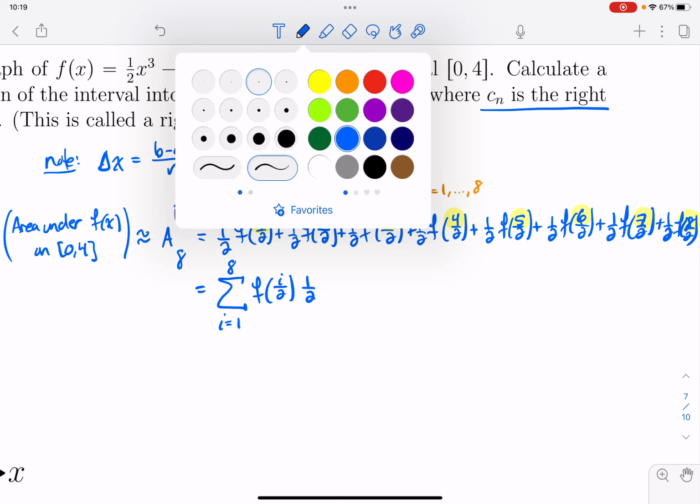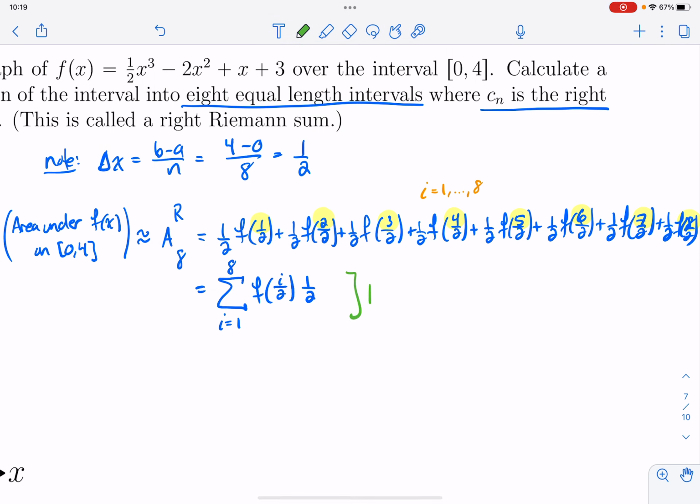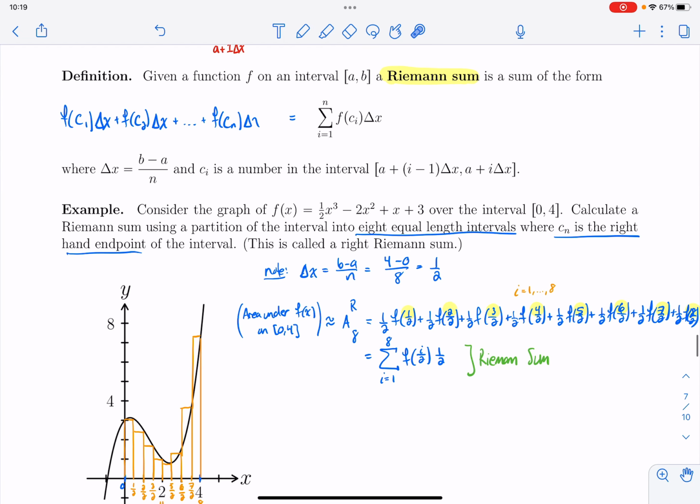This is my Riemann sum. So if I compare and contrast the definition, look at this. This is the sum from I equals 1 to n of f of ci delta x. That's what I have right here. This is the sum to 8 of f of ci delta x.